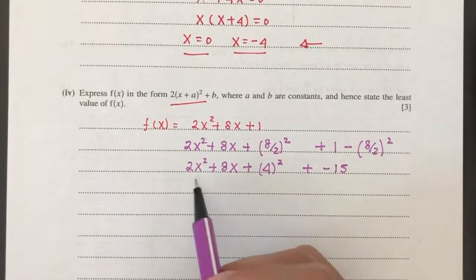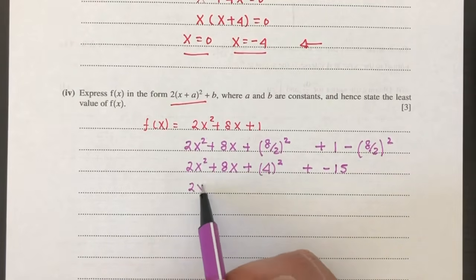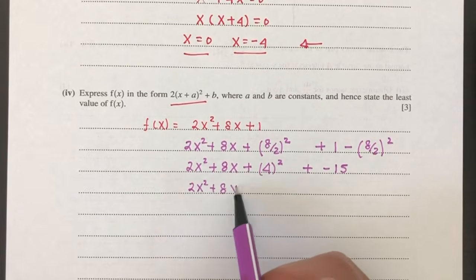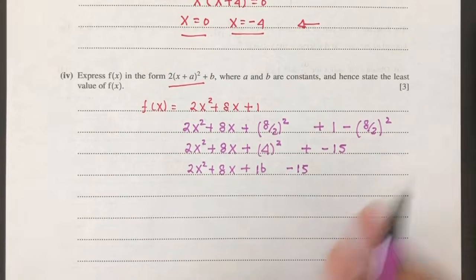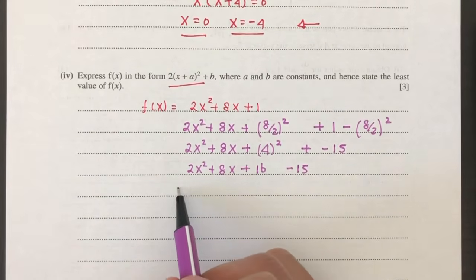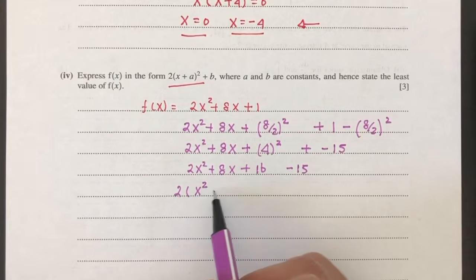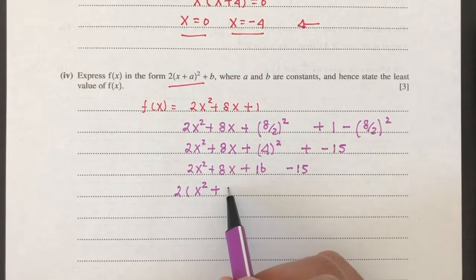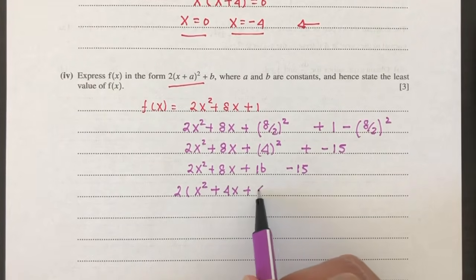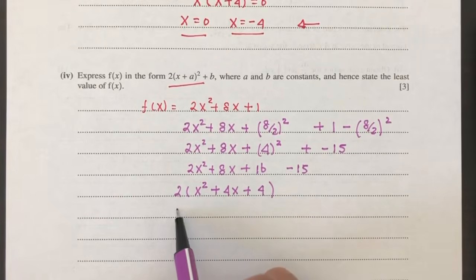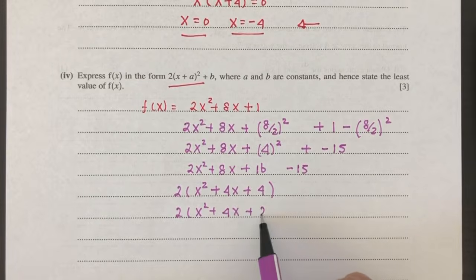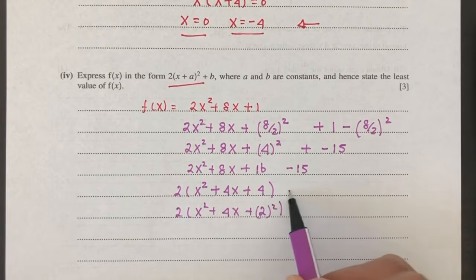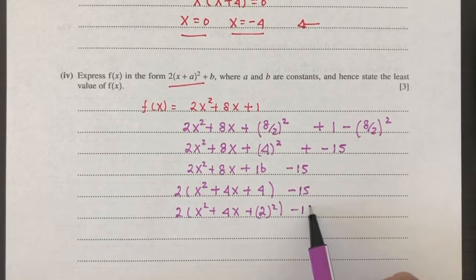So we have 2x squared plus 8x plus 16 minus 15. Here we can take out 2 outside. You will have x squared plus 4x plus 4, and 4 is equal to 2 squared. Minus 15 is outside.